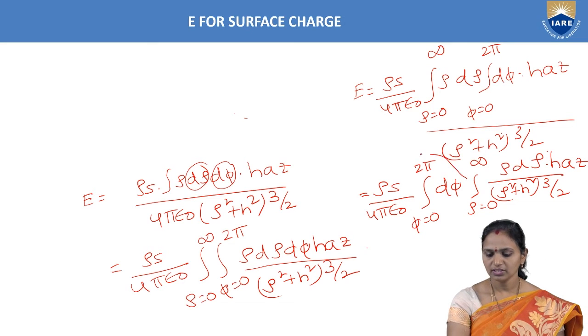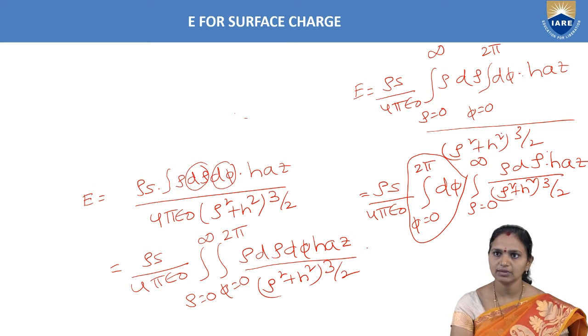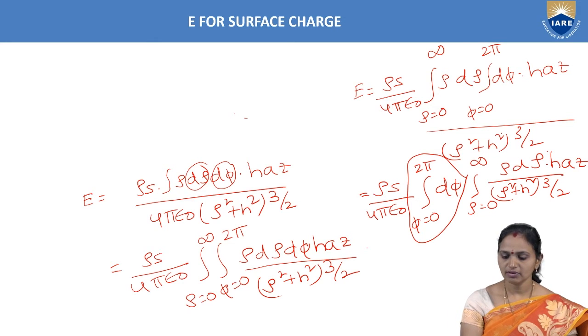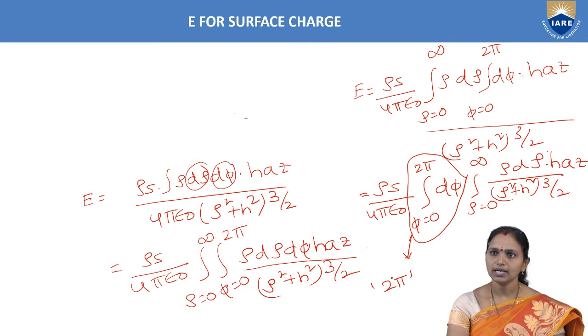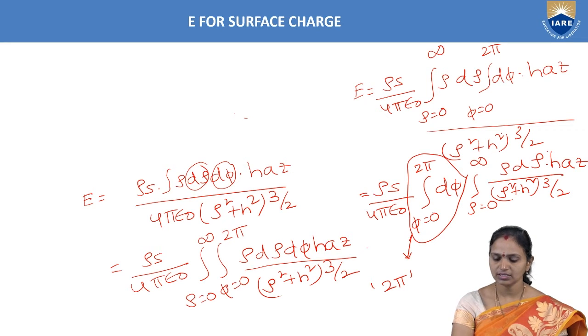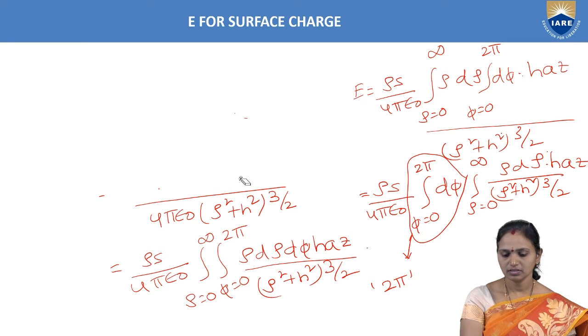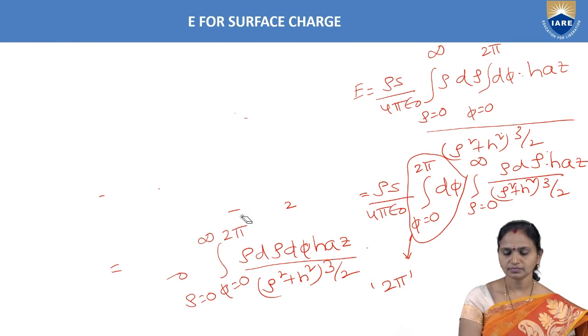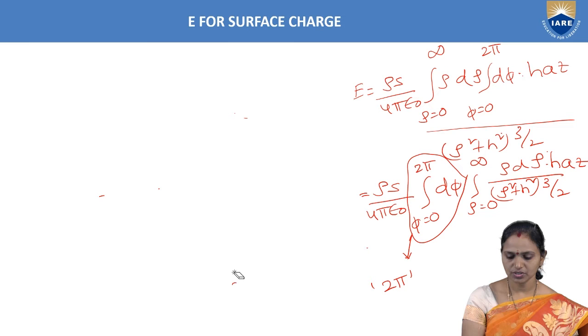So now if we simplify this, integral d phi results in phi, and phi is taking the limits from 0 to 2 pi. Then this entire term will become 2 pi, because integral d phi is phi and phi is taking the values 0 and 2 pi. 2 pi minus 0 results in 2 pi. Then E equal to rho s divided by 4 pi epsilon naught into 2 pi, that we have to substitute here.